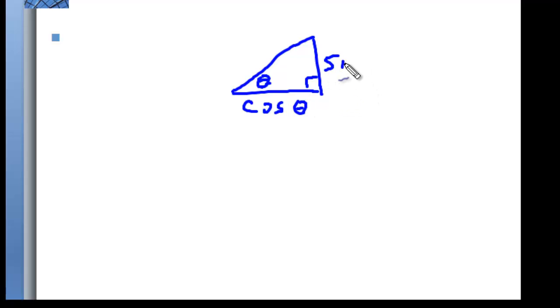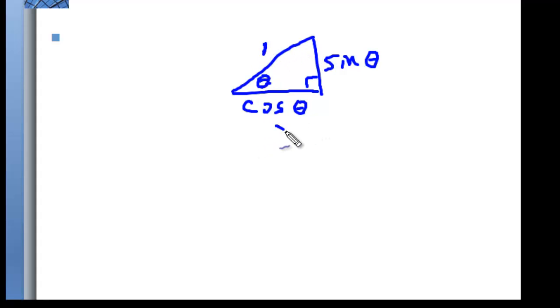If we take a right triangle as part of the unit circle, and here's our right triangle, and this would be theta, and this is cosine, that's our x, which is our cosine, and our sine. Because it's a right triangle on the unit circle, we know that this is going to be radius of 1.